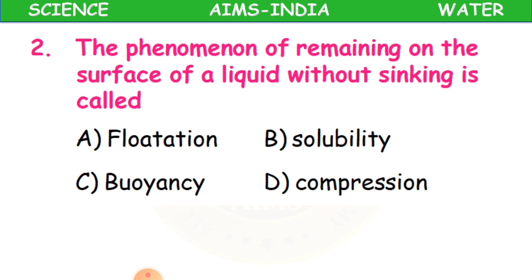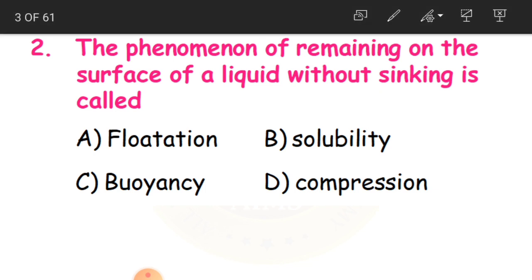The phenomenon of remaining on the surface of a liquid without sinking is called. Now, any object which is not sinking in the liquid, but is on the surface of the liquid, what do we call it as?